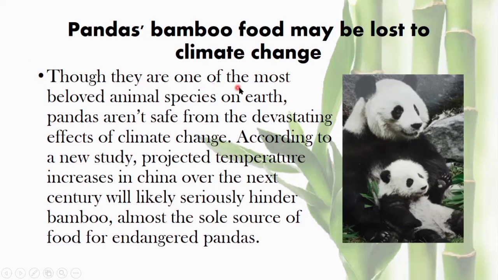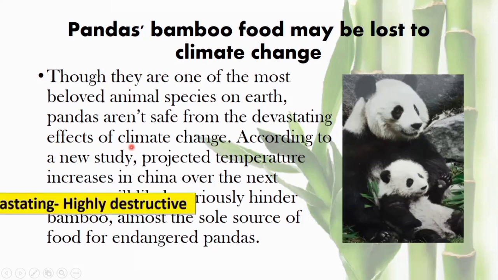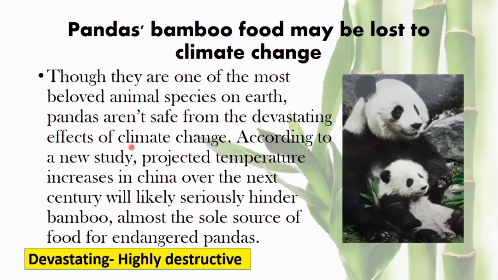Though they are one of the most beloved animal species on Earth, pandas aren't safe from the devastating effects of climate change. And devastating means highly destructive. According to a new study, projected temperature increases in China over the next century will likely seriously hinder bamboo, almost the sole source of food for endangered pandas.